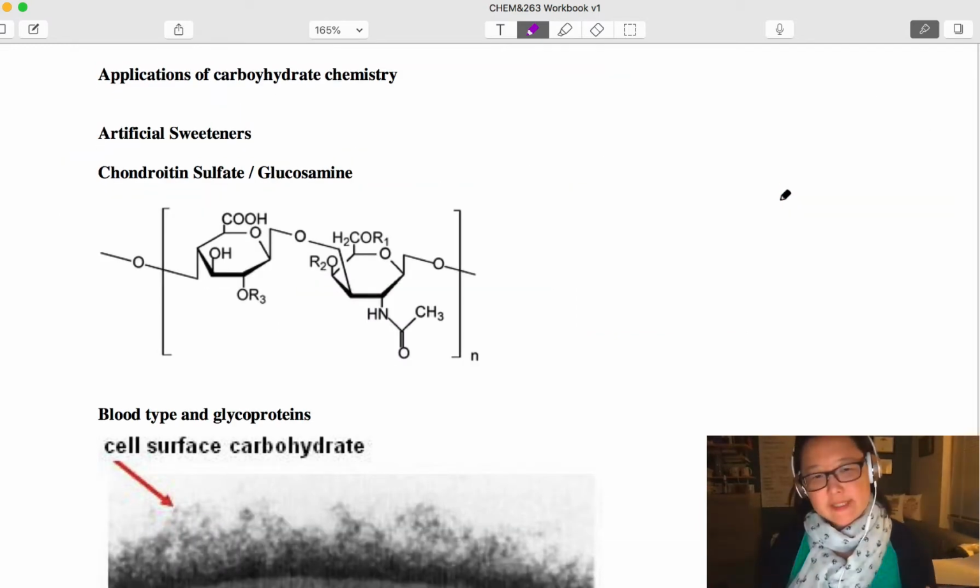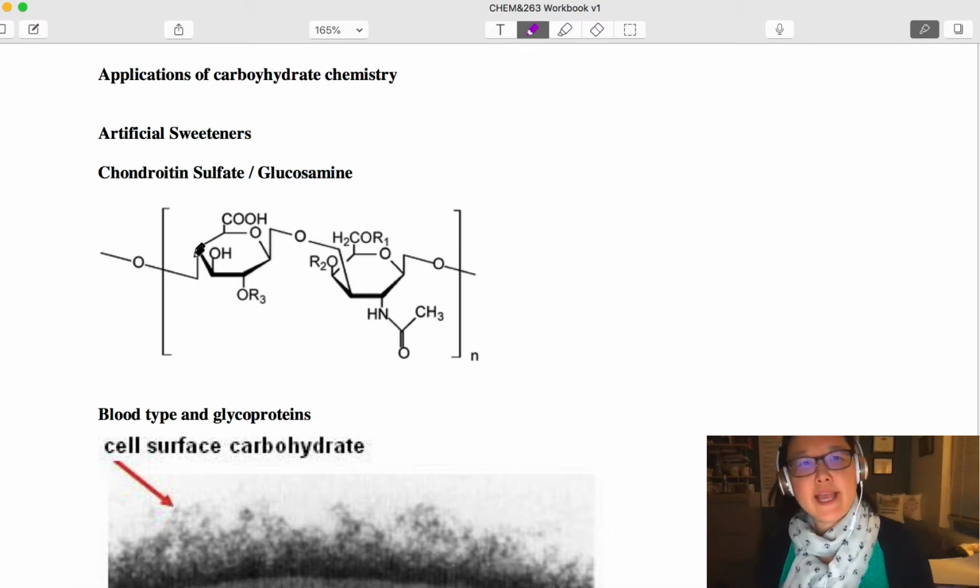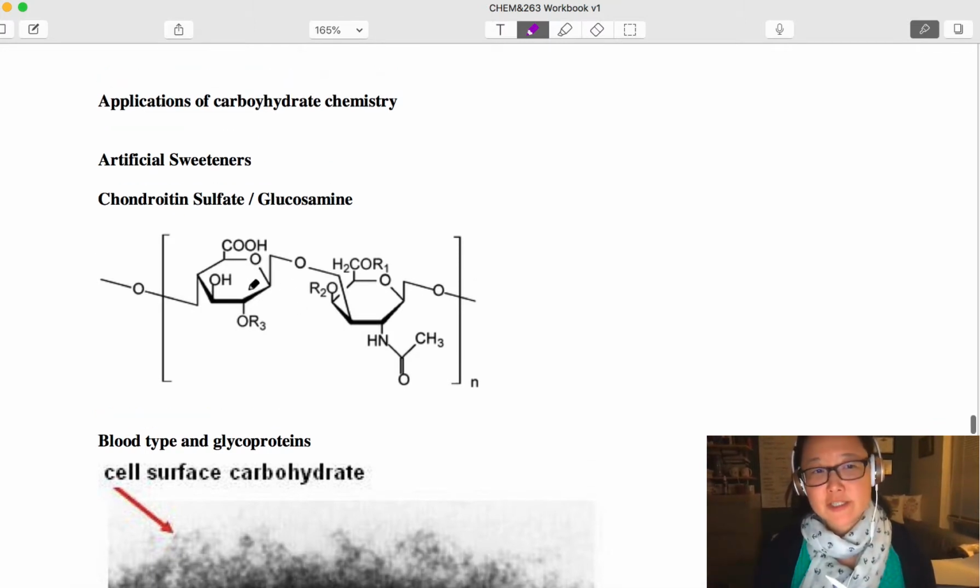Now, a couple of interesting things is people with arthritis, they usually have prescribed from their doctors chondroitin sulfate or glucosamine. So maybe you've heard about those supplements in the health food stores or in the pharmacy section of the grocery store. So often these are based on sugars.